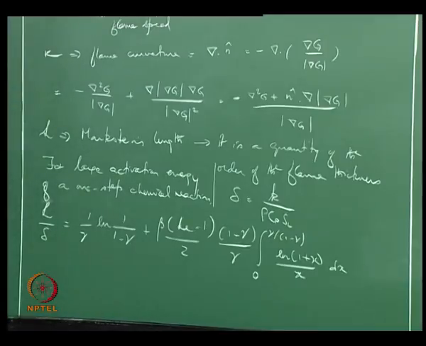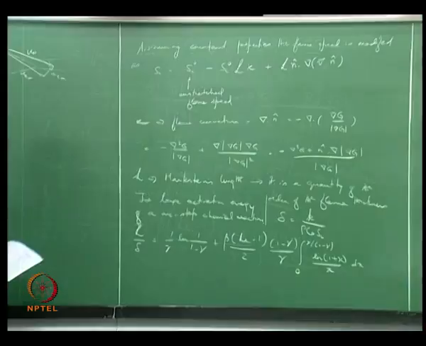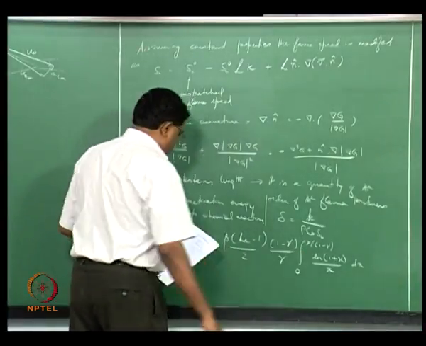Evidently x is a dummy variable of integration from 0 to gamma over 1 minus gamma.